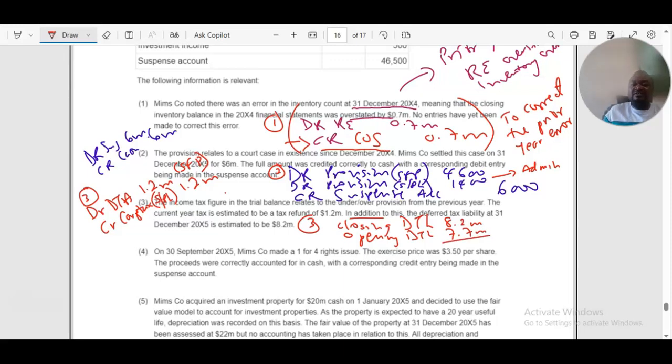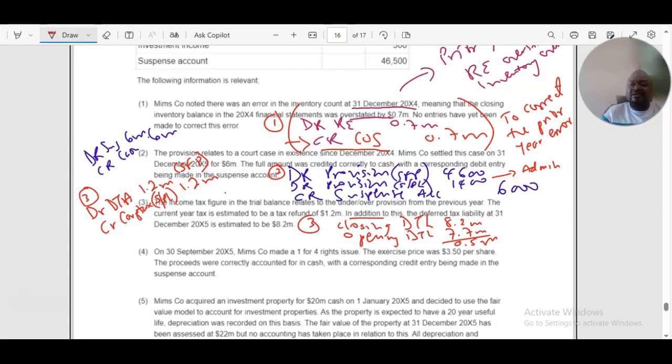So what's the difference? 8.2 minus 7.7, that's about 0.5 million. So how do you treat this 0.5 million?